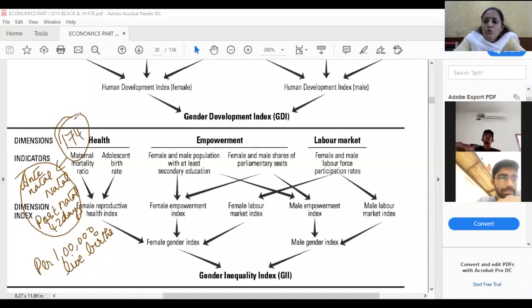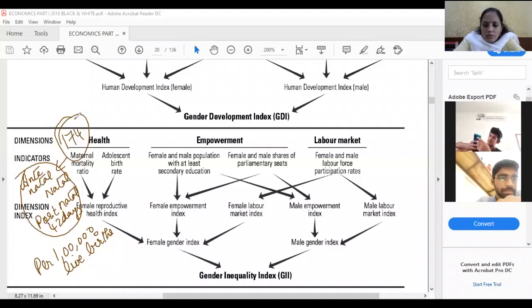So institutional delivery is the major thing India is promoting right now through Janani Suraksha Yojana and a variety of other programs to improve this indicator, the maternal mortality ratio. And we have to come down to less than 100. Tamil Nadu and Kerala are the two states capable of reaching this ratio.